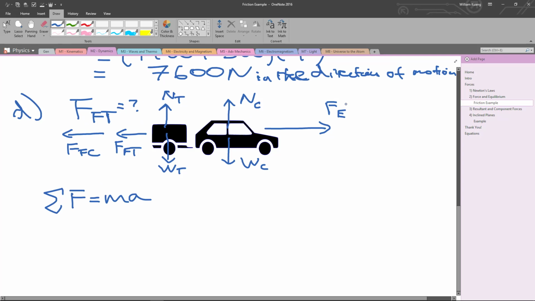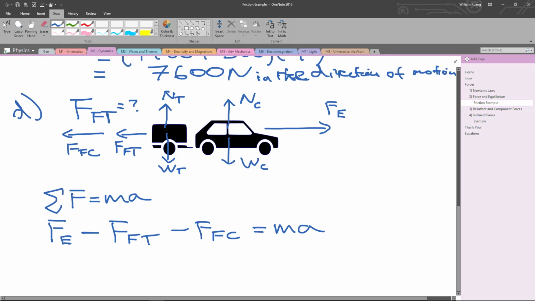Realistically, all you need to consider now is just the engine force and the two friction forces. Okay, so the engine force, let's designate that to be positive. So the positive direction we say is to the right, or in the direction of motion. Now we put a minus FFT and minus FFC, the two friction forces, and that equals ma.